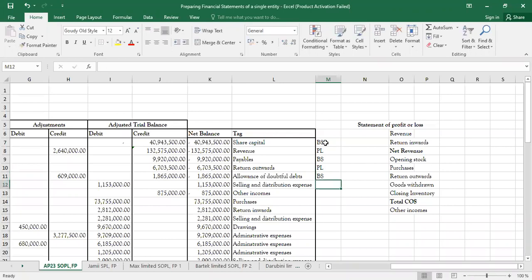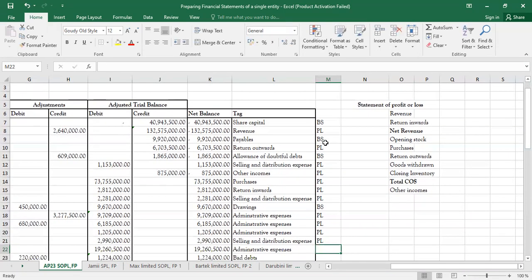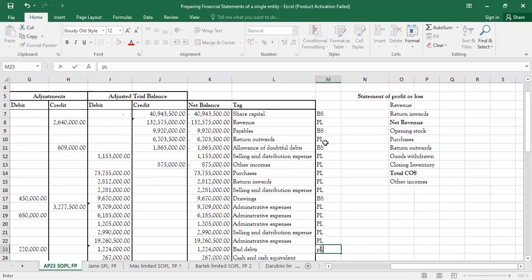Selling and distribution goes to PL. Other income goes to PL. Purchases go to PL. Return inwards PL. Selling and distribution PL. Drawings, this one goes to balance sheet. Administrative goes to PL. Bad debts PL.